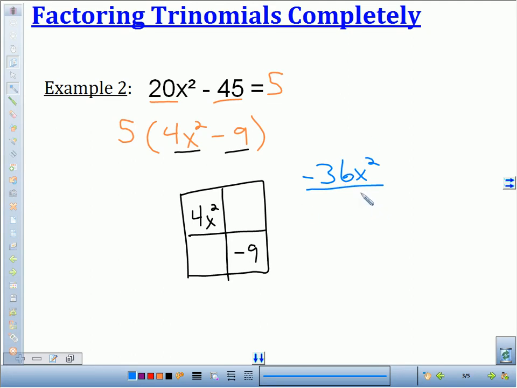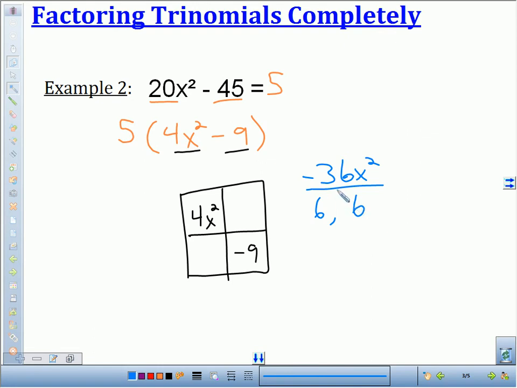And if we're looking for the same number, that means that 36 should be a perfect square. It should be one number squared. And in fact, it is. 36 is 6 times 6. That would be how we get the same number.